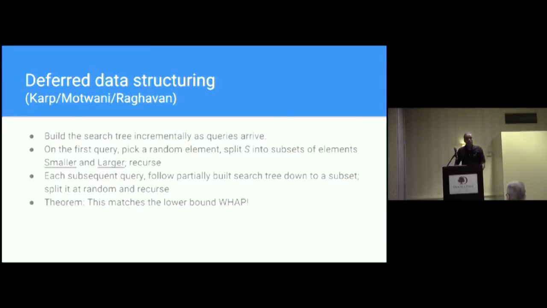So on each subsequent query, as more queries arrive, you develop this partially built search tree, and after enough queries arrive, you've got a fully built search tree. And if this happens, then you can show that with high probability, this matches the lower bound. You can also do this deterministically and more messily, but this is the simple, clean way to do it. So by not doing upfront the work of building a search tree, you actually do about as well as you can.